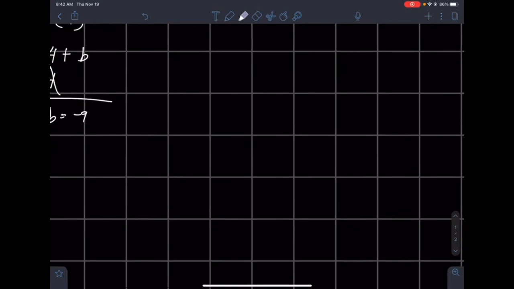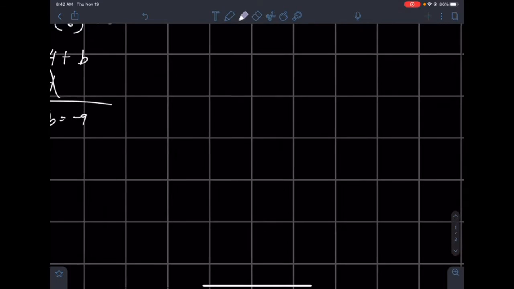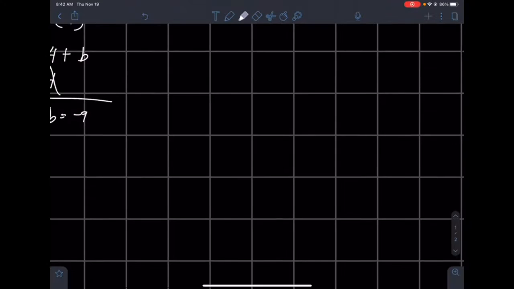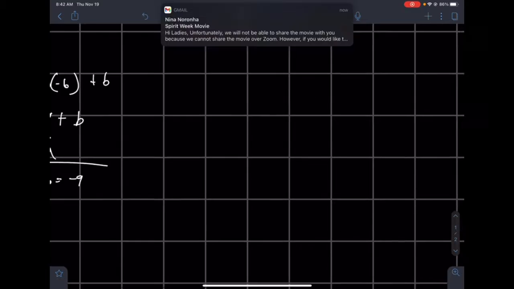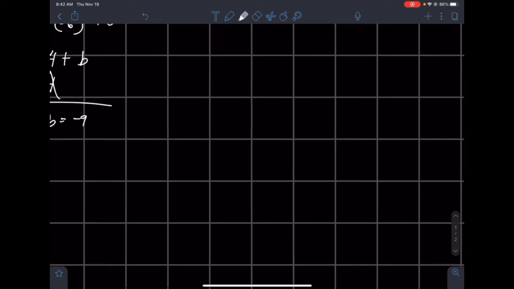Now we have to put it in point slope form. So we already know our m is negative 2/3. The equation for point slope is y minus y1 equals m times x minus x1.